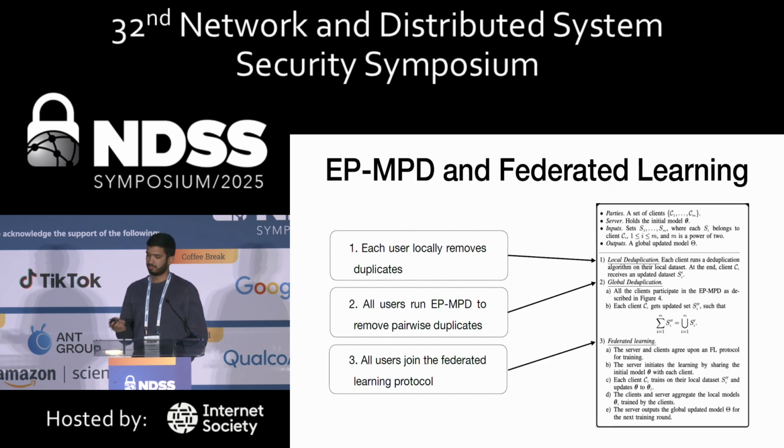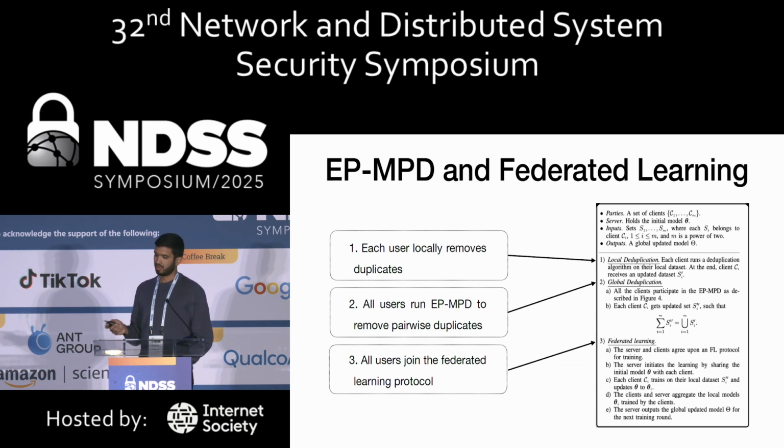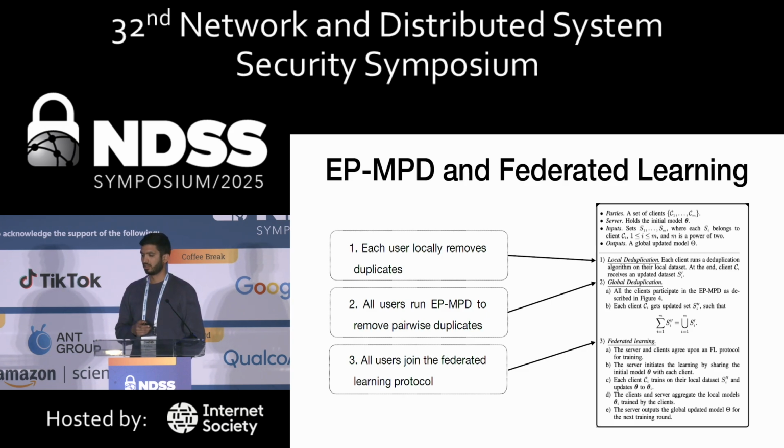And in the next step, after all local duplicates have been removed, the users run the EP-MPD protocol to remove all pairwise duplicates that exist across the datasets. And finally, once all the pairwise duplicates have been removed, the clients can then join any federated learning protocol of their choice to proceed with model training.